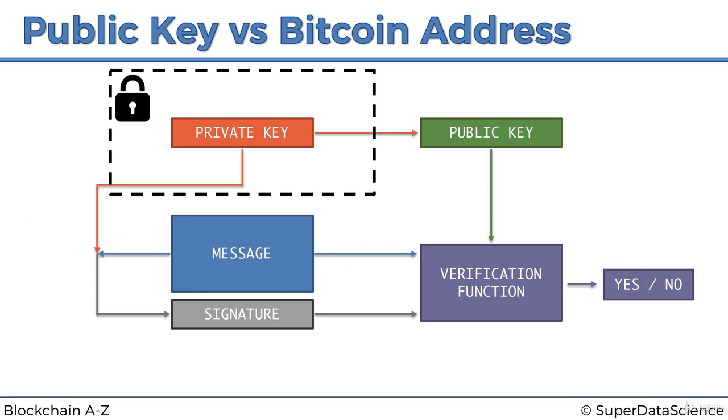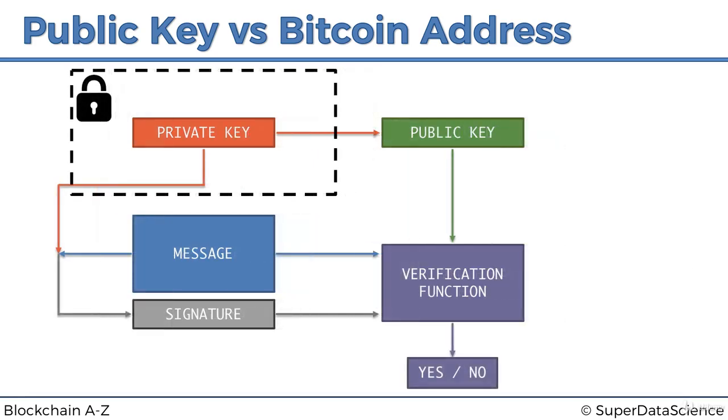And so what is a Bitcoin address? Well, let's move this diagram a little bit to the left. It's the same diagram, I just moved it to the left so that we have some space on the right. And a Bitcoin address is derived from the public key, simply by applying the SHA-256 hash function. As we know, the hash function is deterministic.